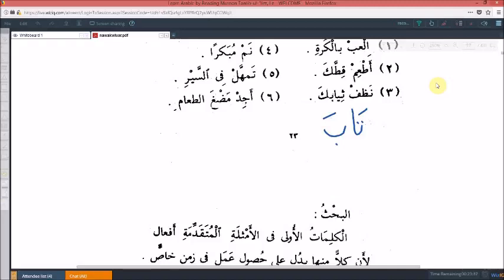Yes, it starts with a ta. Is it a present tense verb? No. It's a past tense verb because the ta is part of its root. Ta, waw, ba, that's its root. But if I want to make it present tense, I say tatubu.